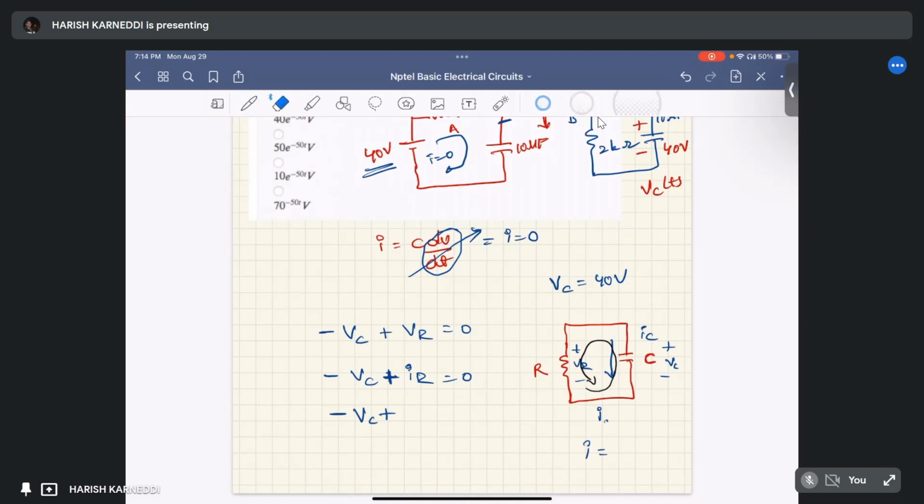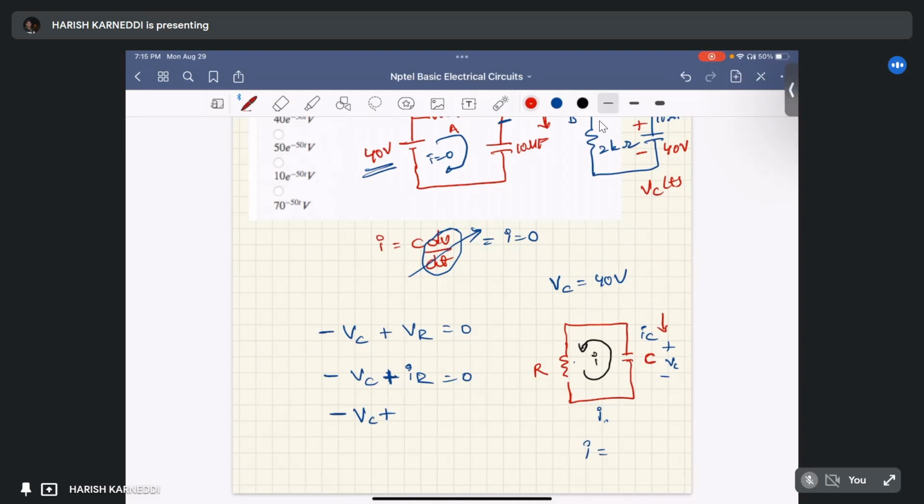Why? Because here we consider the IC in this direction, however we consider the current I in this direction. So these two currents are in opposite direction, right?